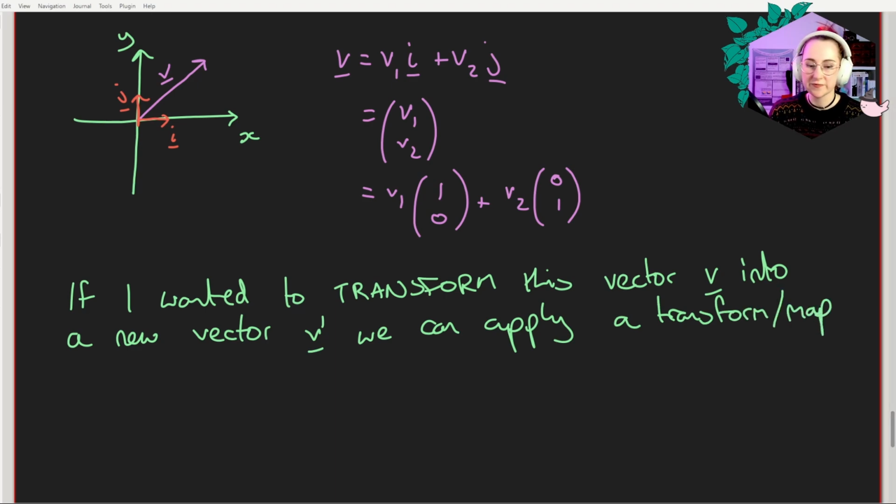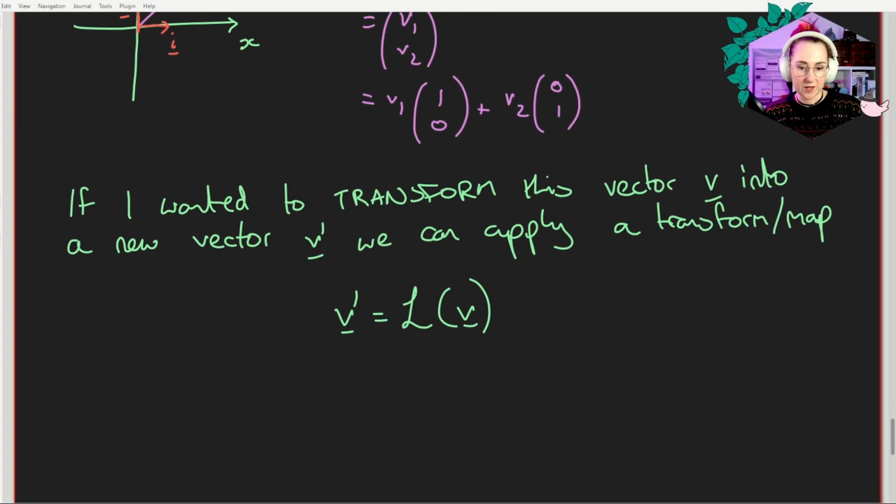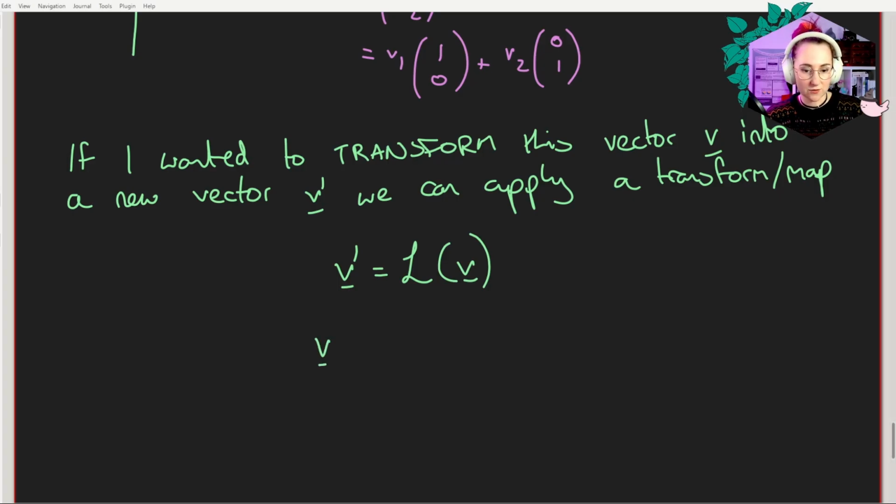Sort of like a function, so v prime is some map of v. We apply some function, we put some effect on it, and we put in v and we get out v prime. And we can also write this as v maps through L to v prime, where this is our transform operator.